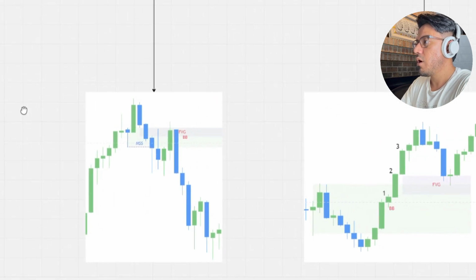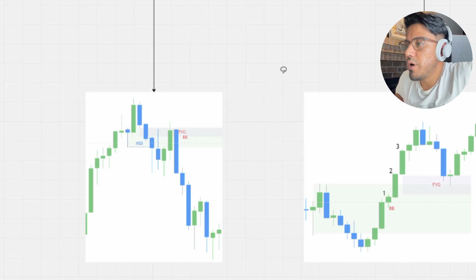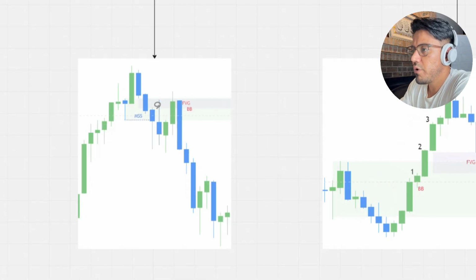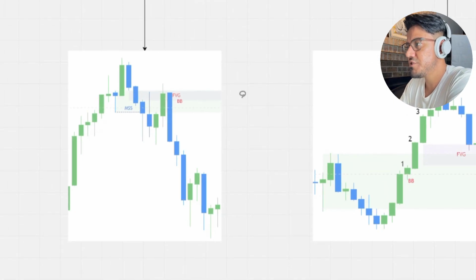So now we want to know what FVG alignment with breaker block is. In this example we have an FVG, there is a gap between candle 1 and candle 3, and there is the breaker block, this one that I have shown in previous examples too.